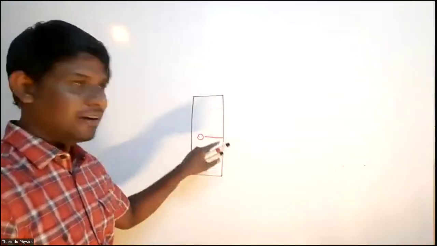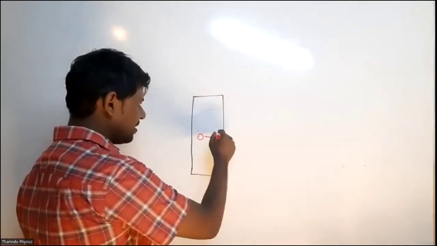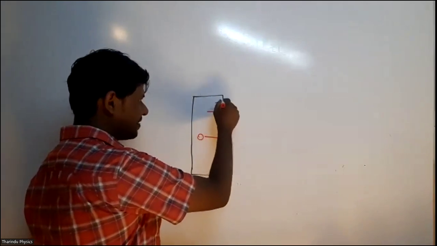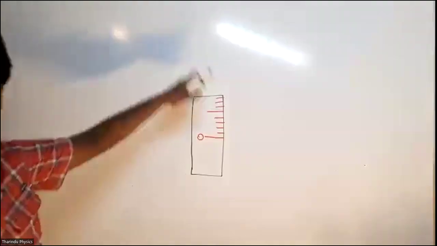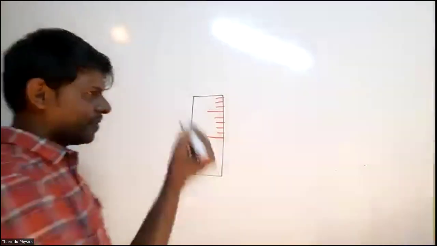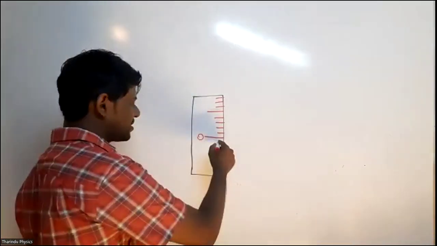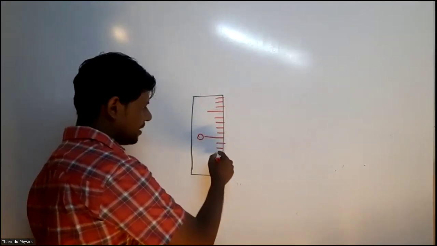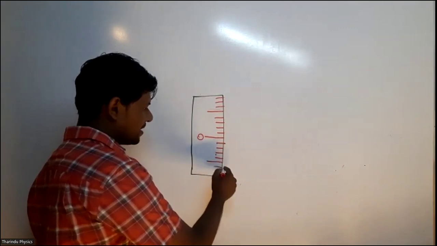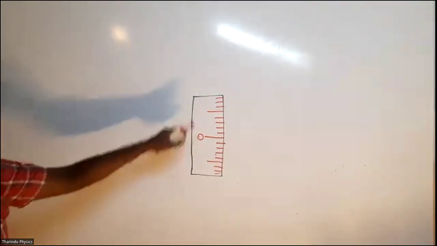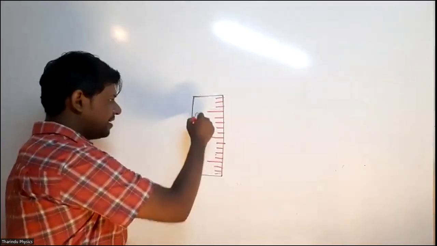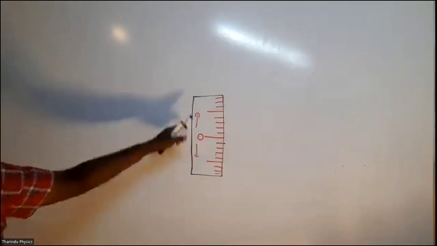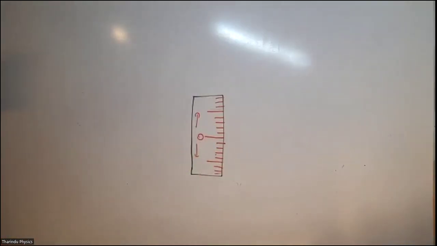The 0 line is in the middle. 1, 2, 3, 4, 5, 6, 7, 8. It doesn't go for many millimeters because they are very small readings you are taking. You can read it upward as well as downward. So copy this one, consisting like this.